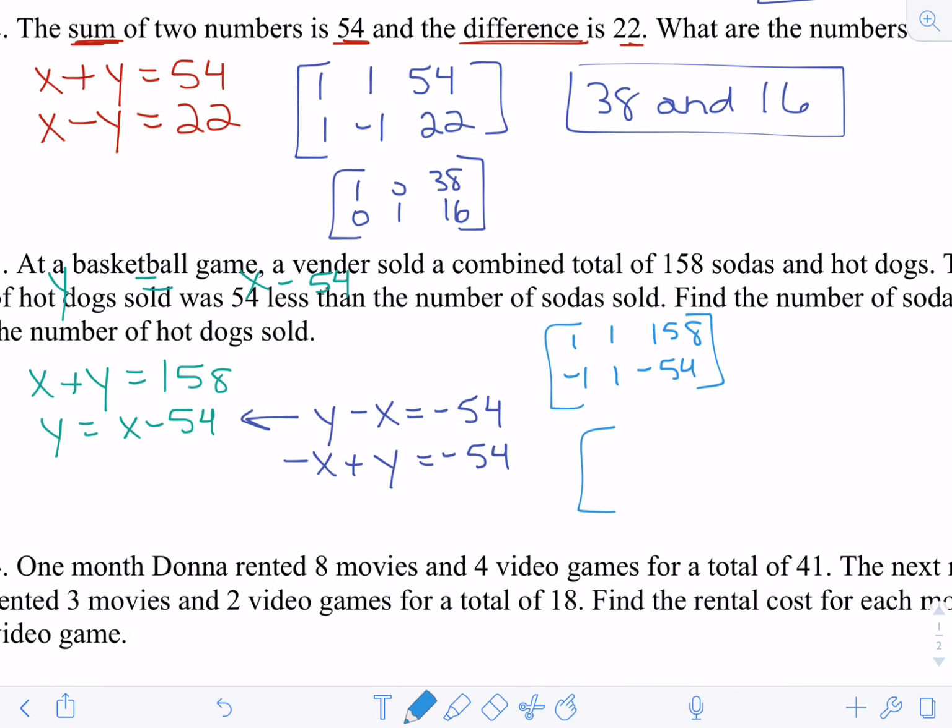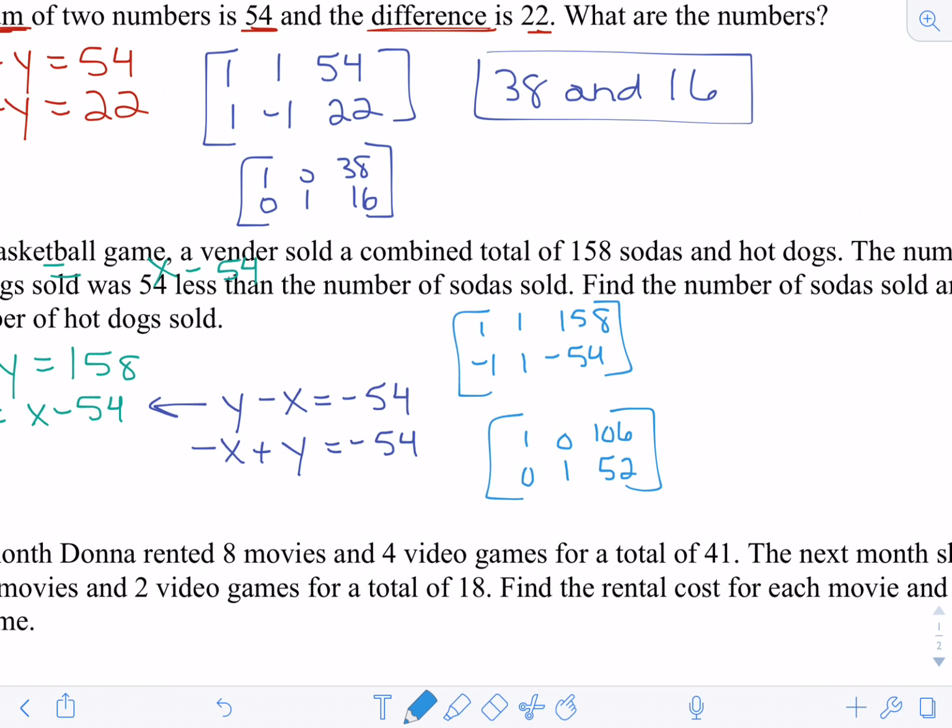When you put that in your matrix, it should come out to 1, 0, 0, 1, and my two numbers here would be 106 and 52. So what this means is X is equal to 106 and Y is equal to 52.